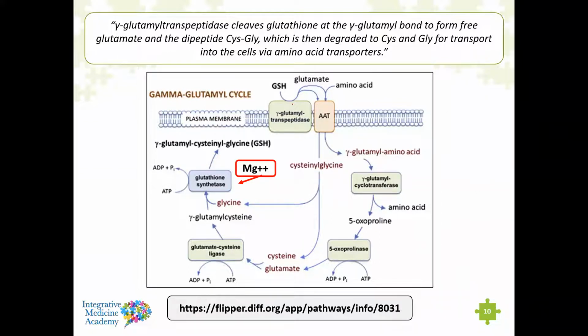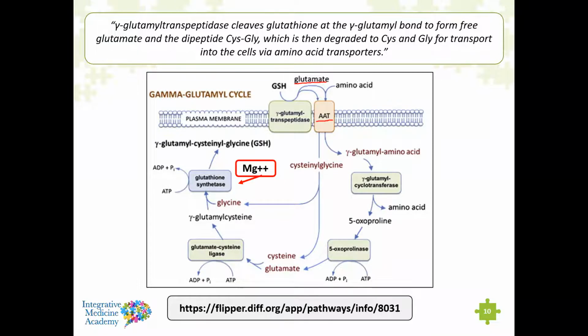But it breaks the bond from a chemical component within glutathione that helps to form glutamate. And then this complex gets taken into the cell, okay, through this amino acid transporter.